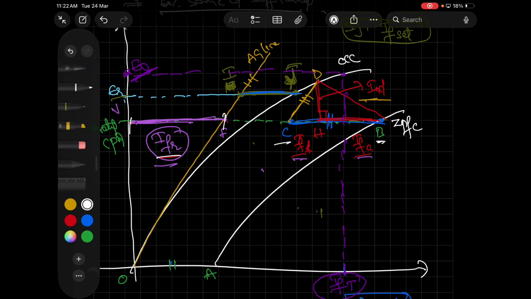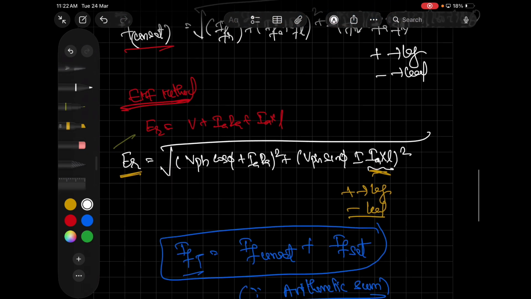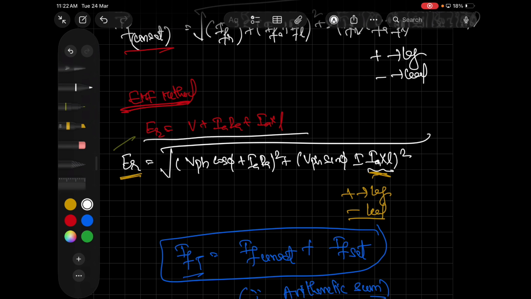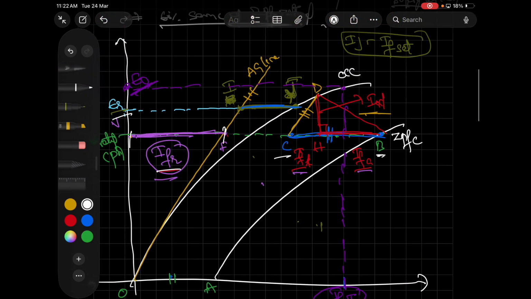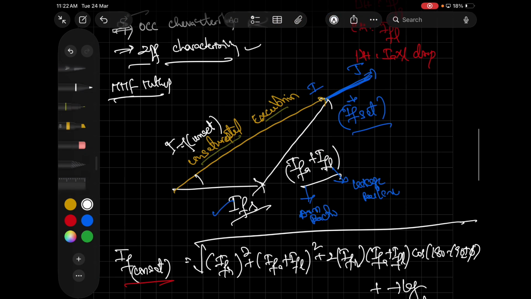Next, measure ER by using the EMF method. What is the EMF method formula here? Simply representing all these phasors and converting this into the EMF formula, ER equals this formula. From the corresponding ER, measure this IJ length. This length is considered as saturated excitation. Now measure the unsaturated excitation and add the saturated excitation.